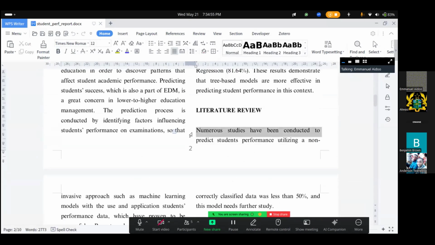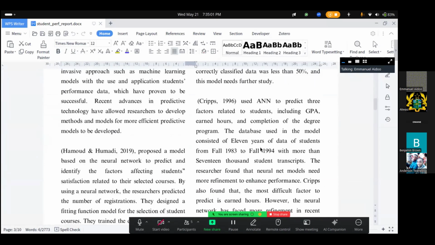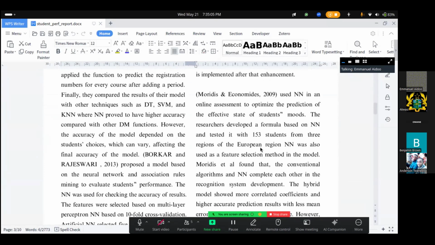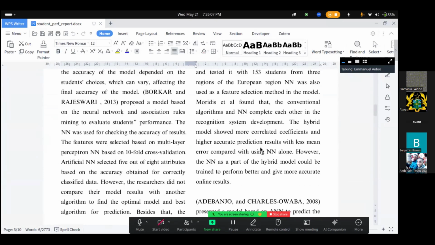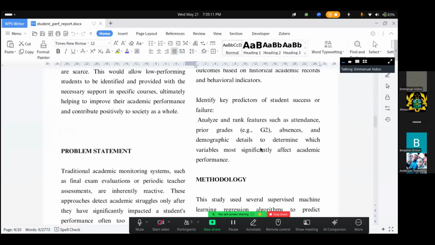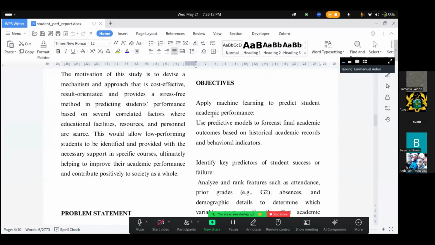That is, numerous studies have been conducted to predict students' performance utilization. So we did some extensive work on the student performance research, as in those who have already worked on the same projects. And we had quite a lot of people. Then we also have our main objectives. So the main objective of our project is to apply machine learning techniques to predict students' academic performance.